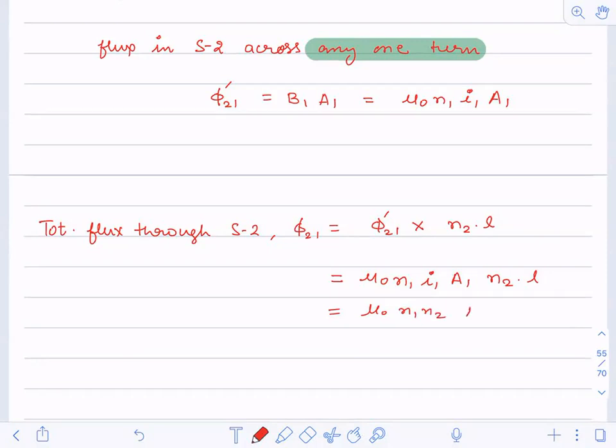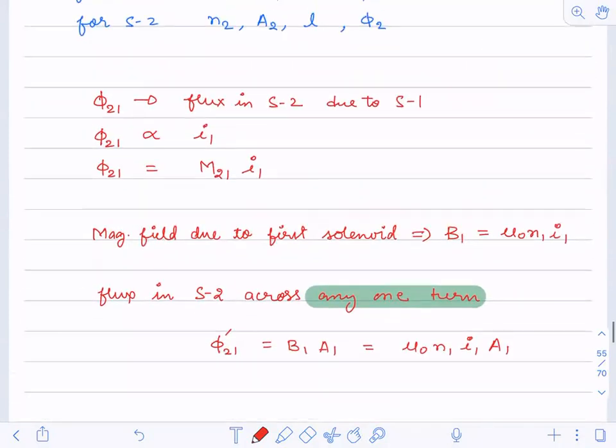Then I will keep A1 into L together, and then I would keep I1 separate.